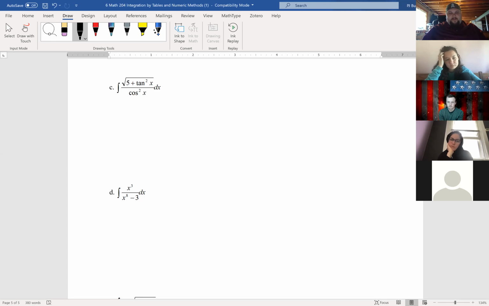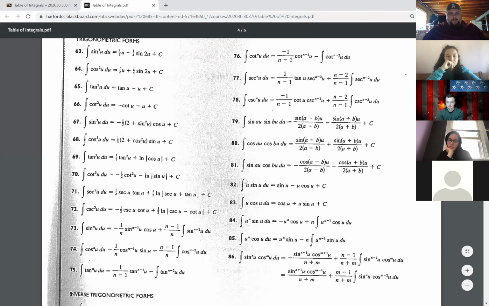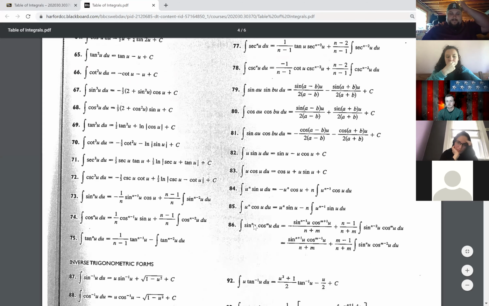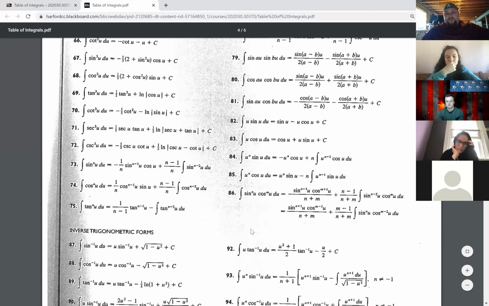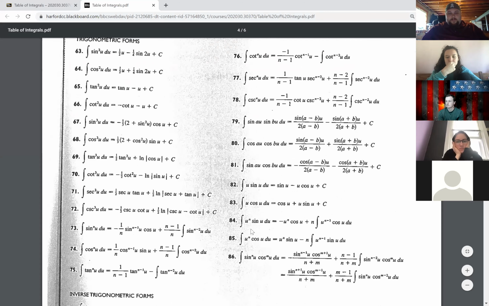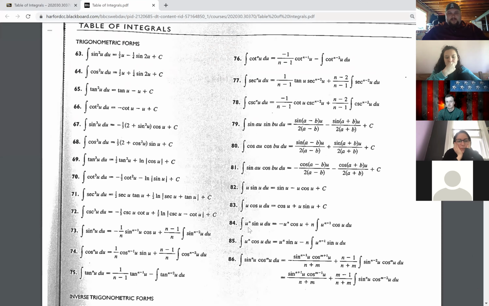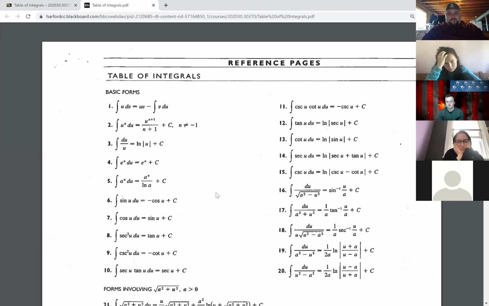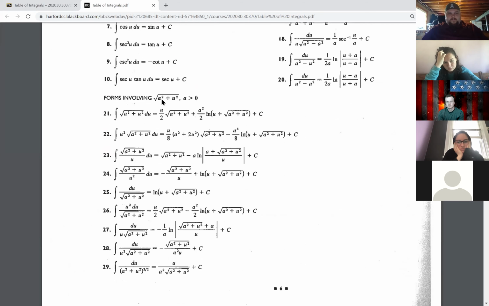The reason I have that thought is if we go to the table and look at these trig problems, none of these have square roots of trig functions squared. So I'm stuck with the forms above that have square root of something squared plus a function squared. So it looks like u is going to have to equal tangent.